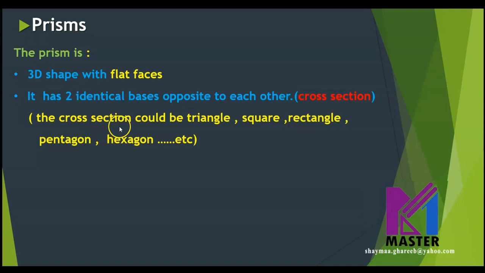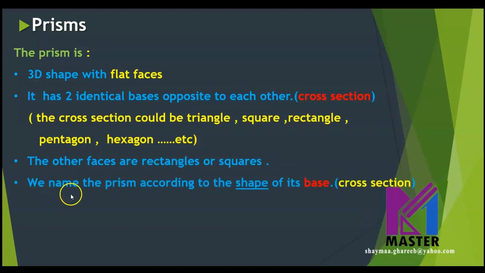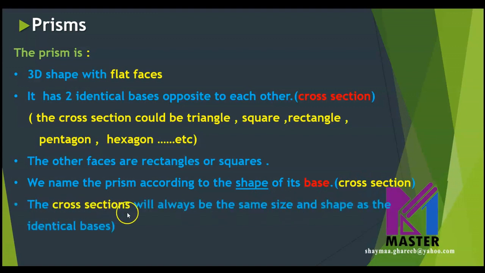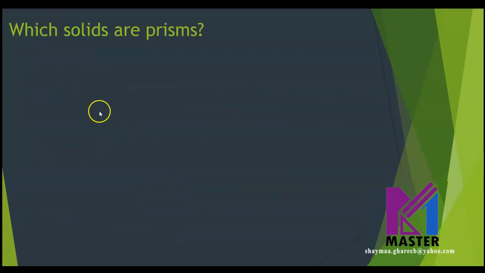The cross section or the two identical bases could be triangle, square, rectangle, pentagon, hexagon, etc. The other faces could be rectangles or squares. We name the prism according to the shape of its base or the shape of the cross section. The cross sections will always be the same size and shape as the identical bases.